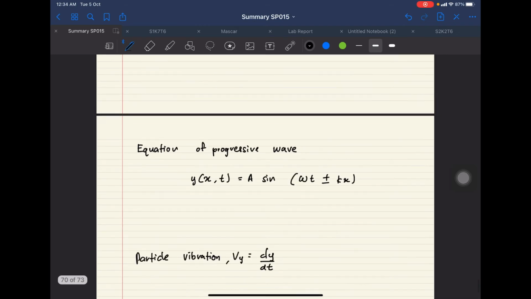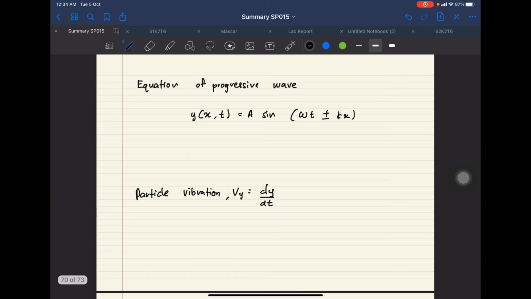Okay, and then you have the equation of progressive wave. If you still remember previously, in simple harmonic motion, you have y equals A sin(omega t plus phi), right? So the phi here is a constant, it does not change with respect to time. In simple harmonic motion, you already did the experiment. It is a motion where it repeats by itself, left and right, left and right.